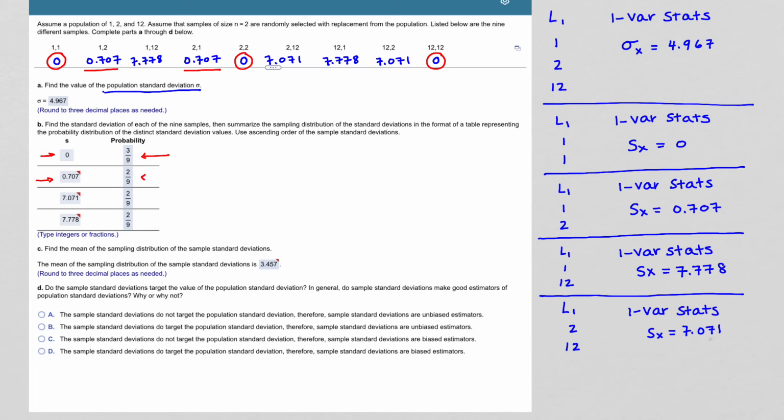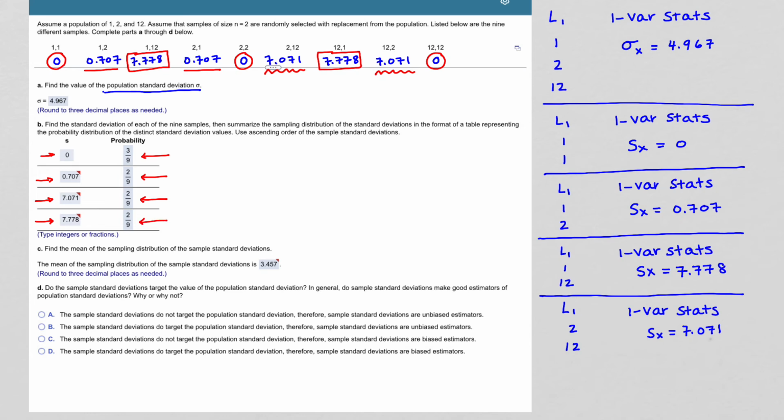And there's 2 out of 9, so that's the probability there. And then 7.071 is next. Again, 2 out of 9. And finally, 7.778. And 2 out of 9.